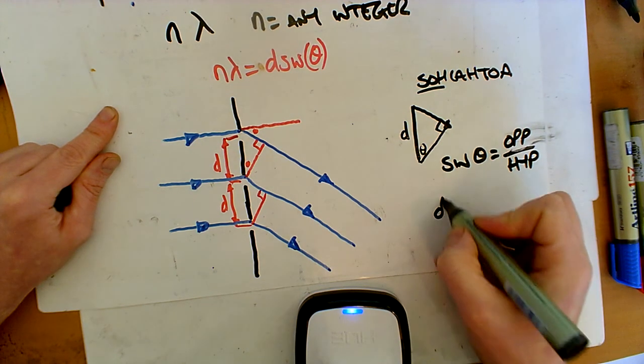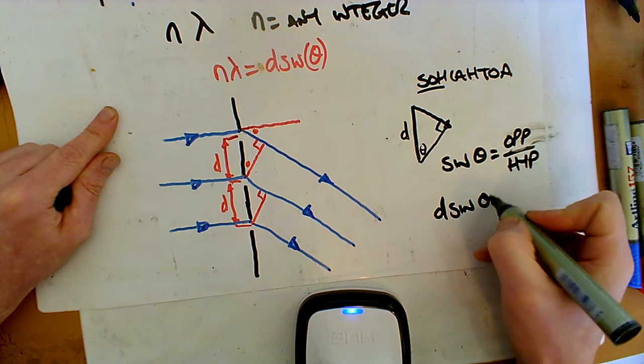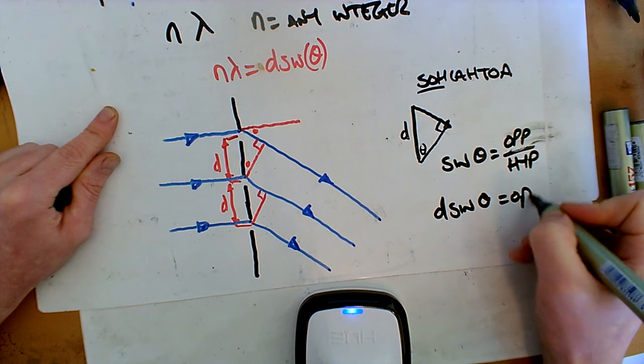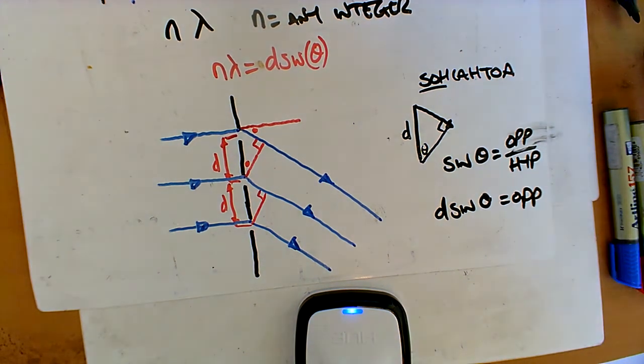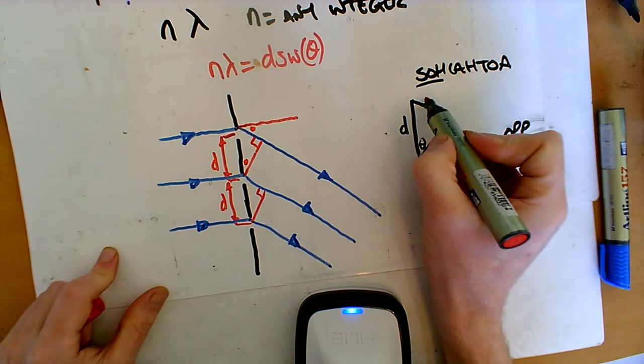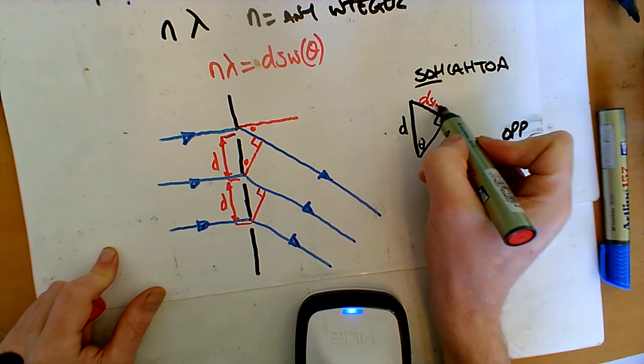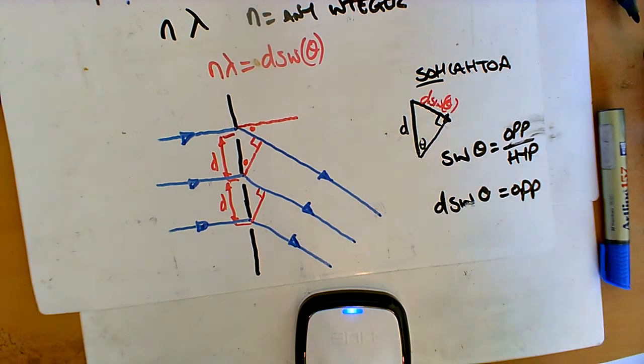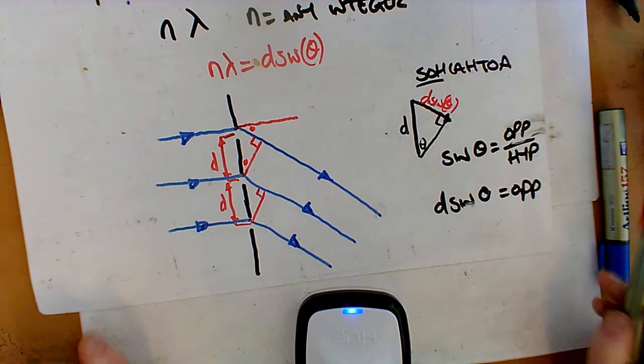So this is just going to be d sine theta is equal to our opposite. So our little triangle becomes this: there's d on that side, d sine theta here, and theta. This is our little triangle.